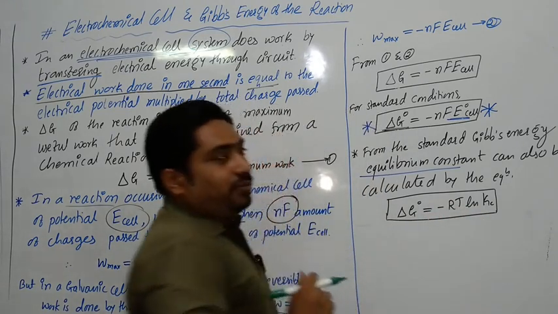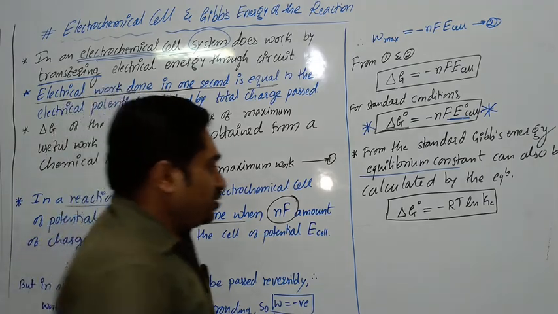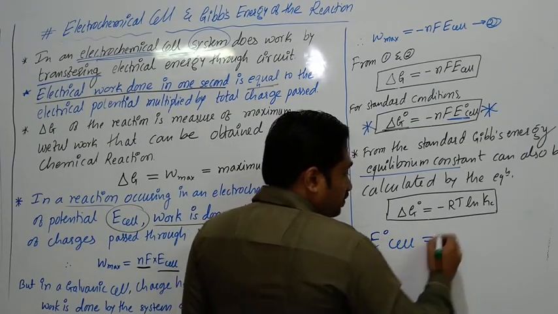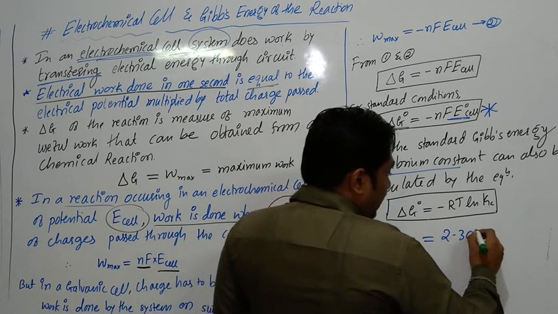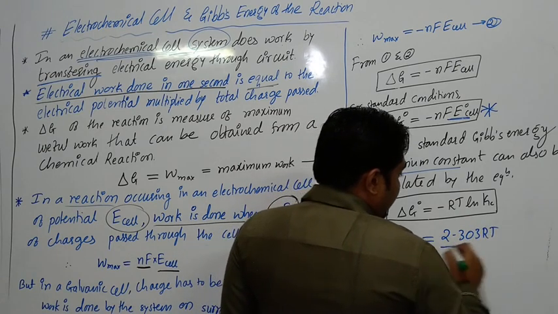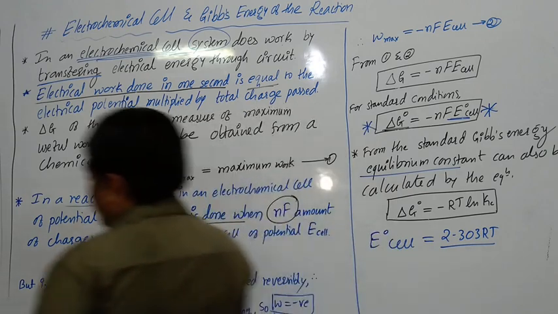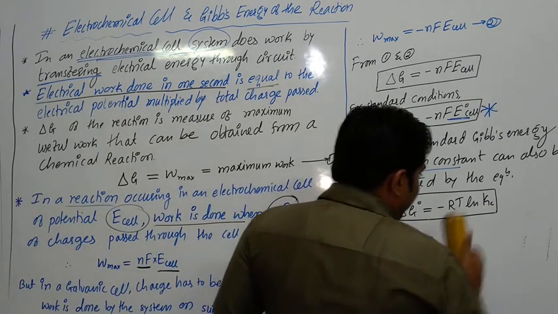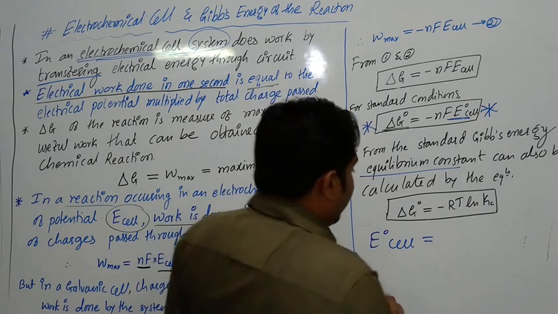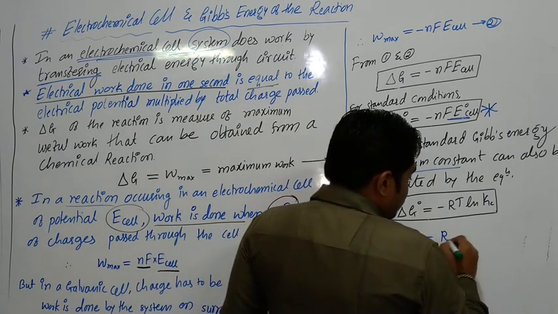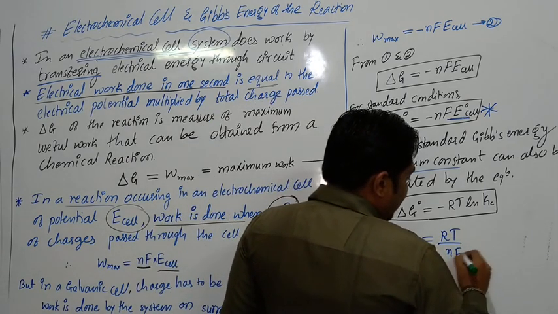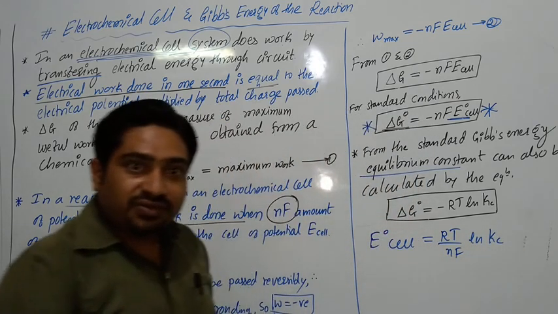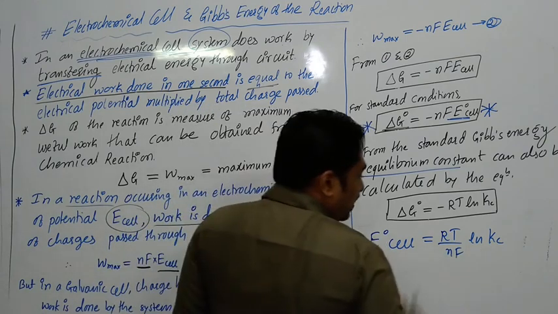So to calculate the equilibrium constant, what is my Nernst equation? My Nernst equation is E naught cell equals 2.303 RT divided by, sorry, not 2.303, we will consider natural log only, because here they have given it in terms of ln. E naught cell is equal to RT divided by nF ln Kc. So this is our Nernst equation to calculate the equilibrium constant.